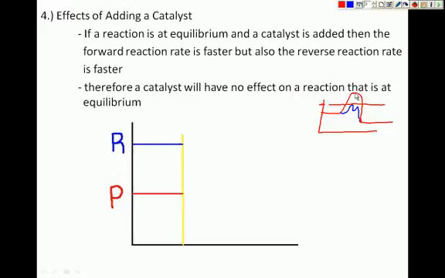It decreases them both by this much, and what we can say is, therefore, a catalyst will have no effect on a reaction that is at equilibrium. So this will just be no change, and same with this, no change as well. Okay, and that's the effects of adding a catalyst.